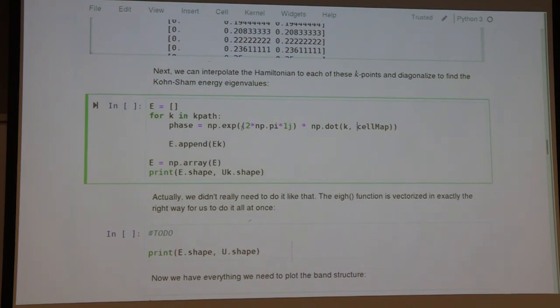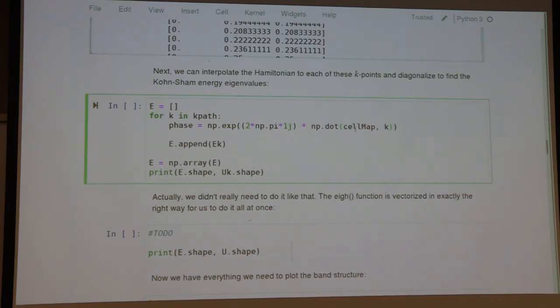Except I guess the cell map is n by 3 and my k is just a vector of length 3, so I should put the k on the other side. So this will calculate e to the I k dot r for each r minus r prime in cell map, right?